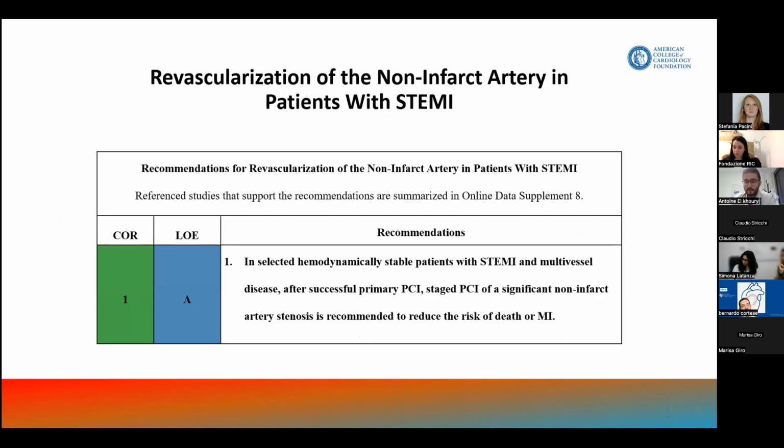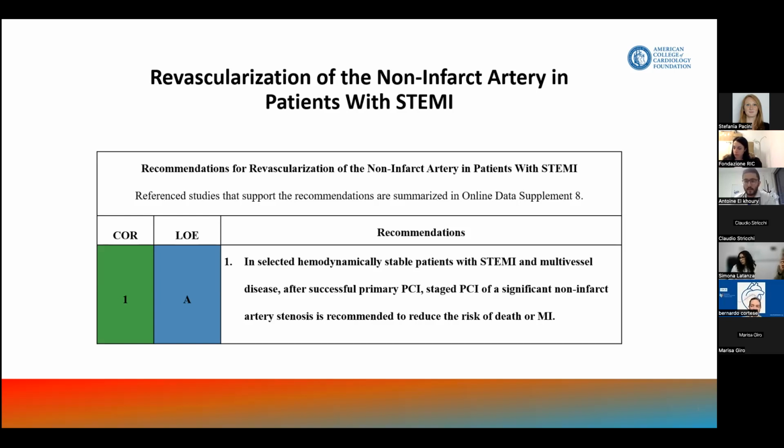However, for stable patients and for staged procedures, the clinical indication for doing a complete revascularization is not clear. So we still need a clear idea of which patients, when, and how they should be treated for completeness of revascularization. Yes, exactly.